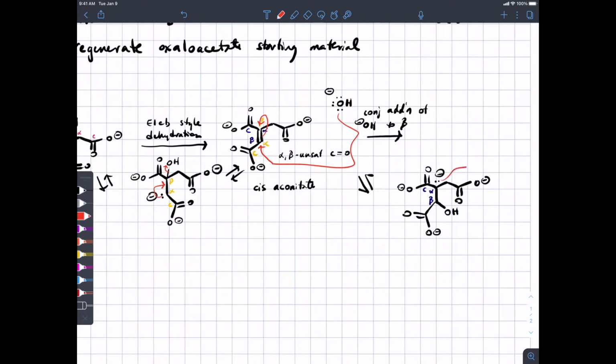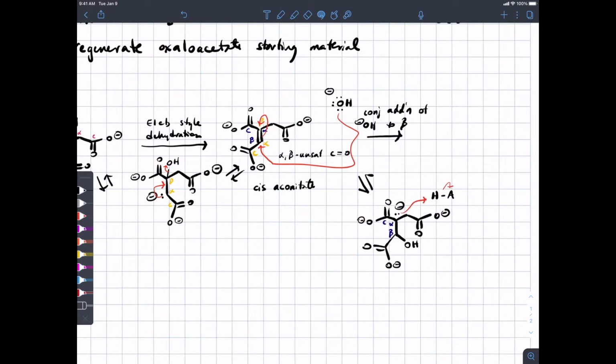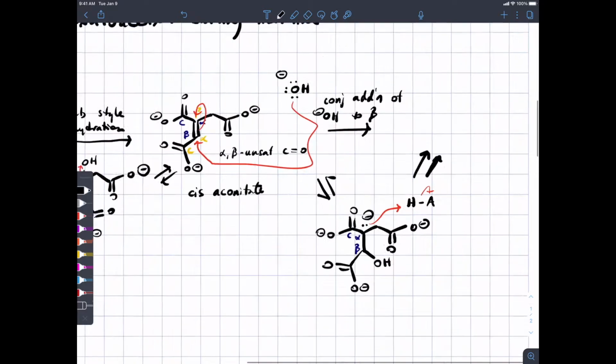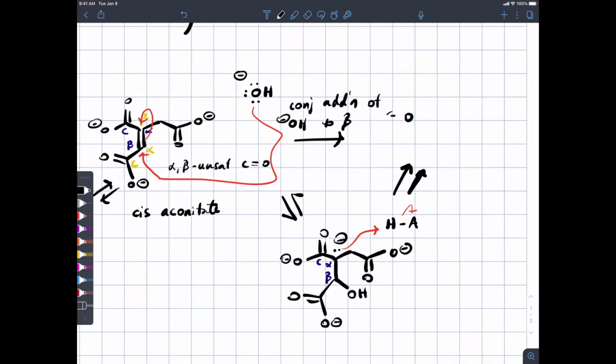And then this can pick up a proton from some source, either an enzyme side chain or perhaps water. And the product that we get at that point is an isomer of citrate, where the only difference is the OH group is located in a different spot.